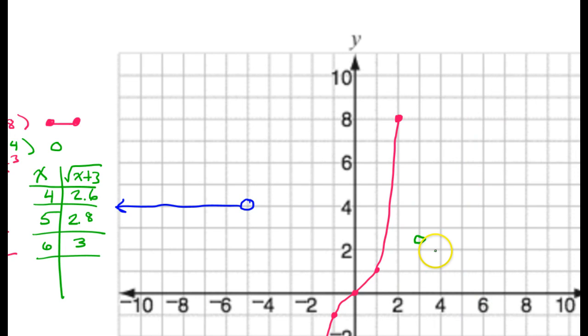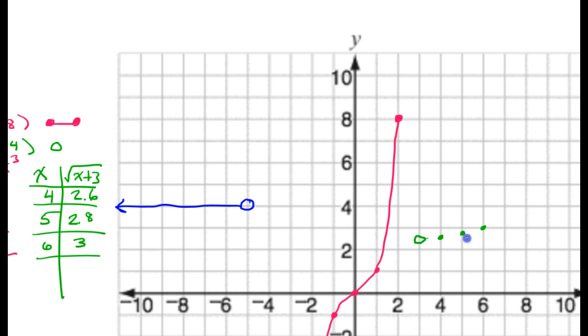Okay, so I've got 4 comma 2.6 would be about here. 5 is 2.8. And then 6 is 3. Okay, so I see what's happening.